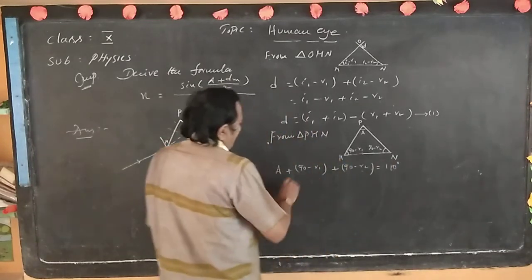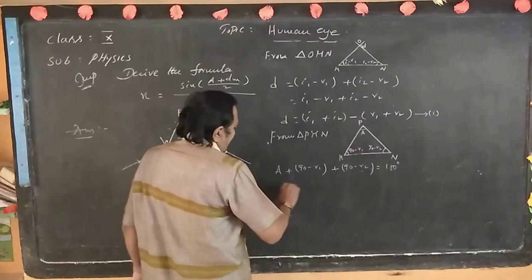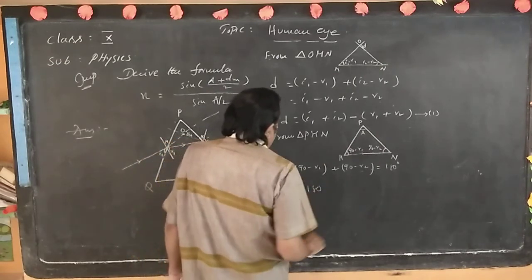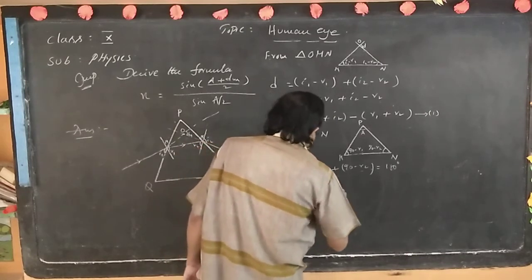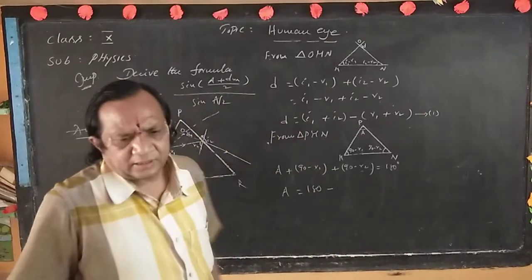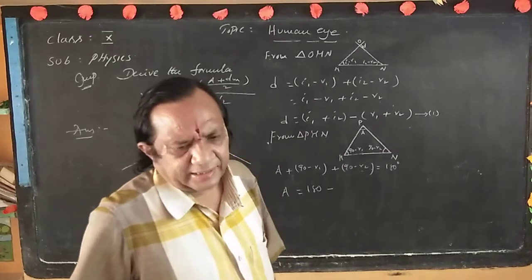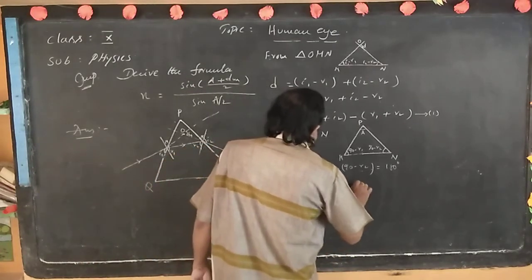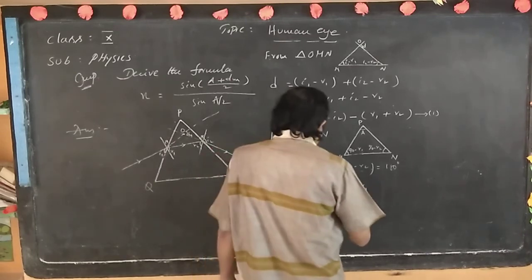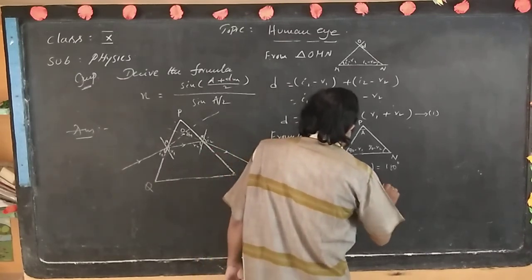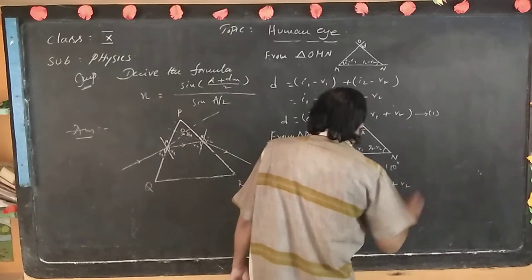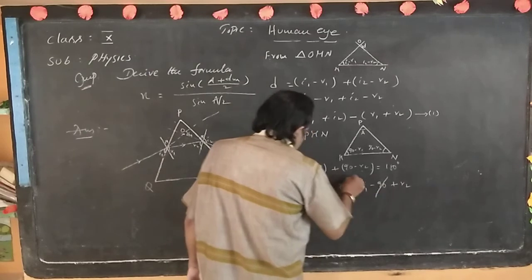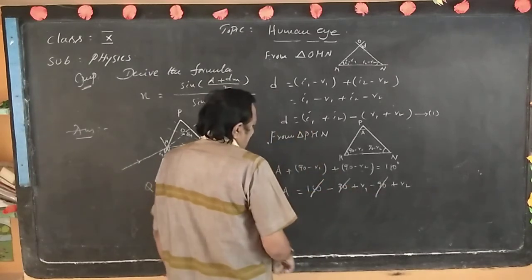Now to calculate A, send all these values to the other side. A is equal to 180 minus 90 plus R1 minus 90 plus R2. So minus 90, minus 90, and 180 cancel.